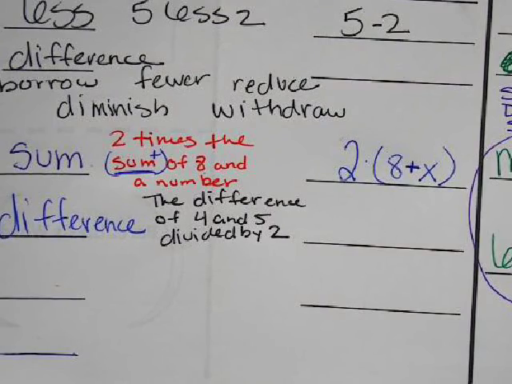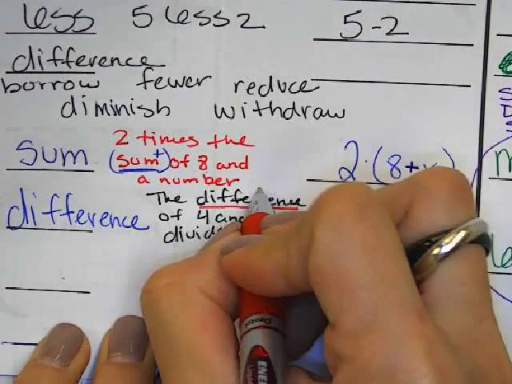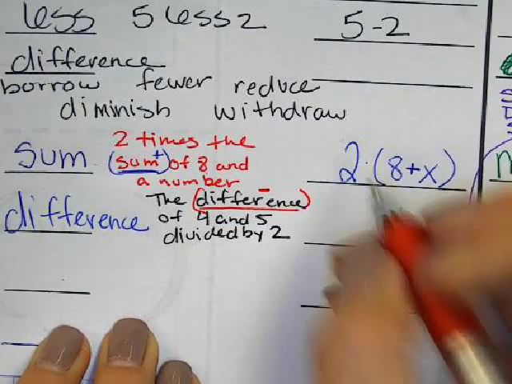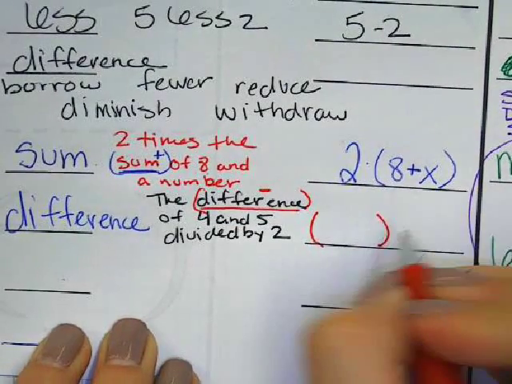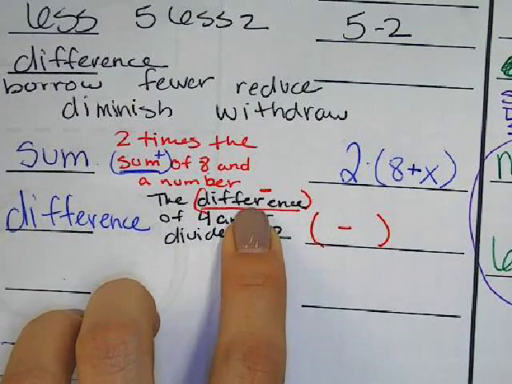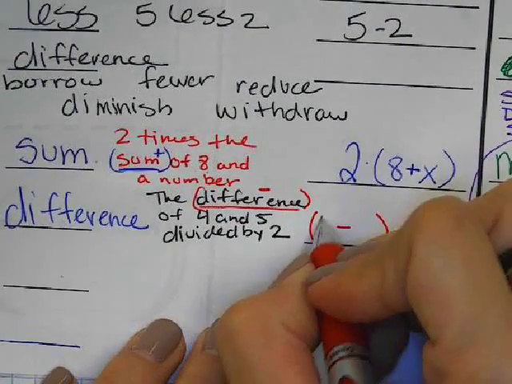Write it down. These examples are very important. All right, so what does difference mean? To subtract, and it also means parentheses. So I got some parentheses, and difference means to subtract. We learned that difference means to subtract yesterday. Now, what am I subtracting? 4 and 5. Yes.